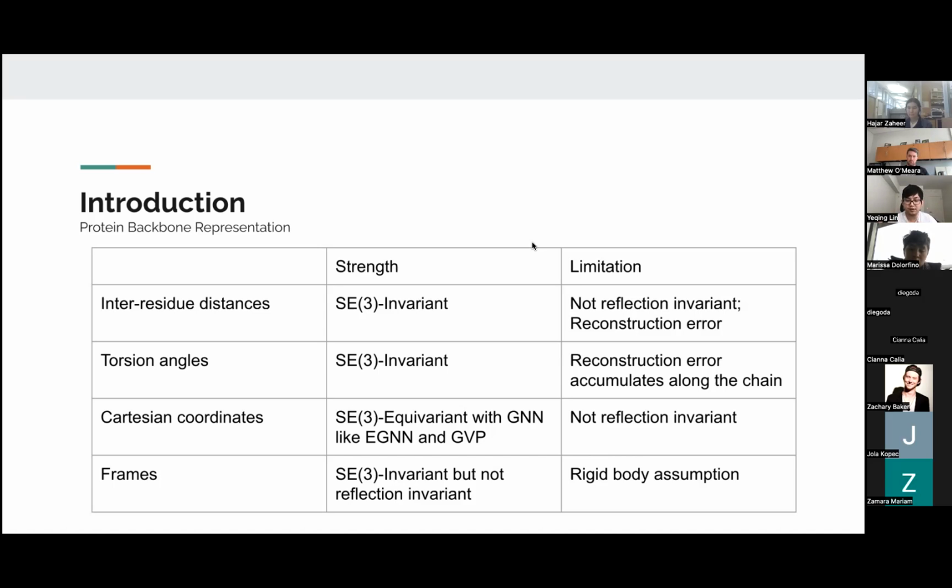The good thing is that using the frame representation, you are able to achieve SE3 invariance, but it's not reflection invariant. This last representation is right now the most commonly used one, not just in design, but also in structure prediction, pioneered by AlphaFold 2.